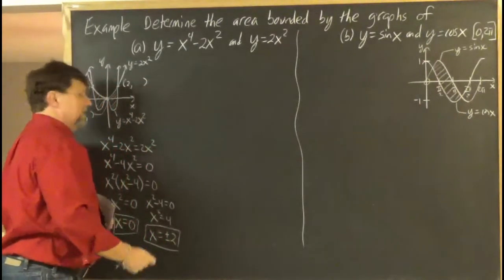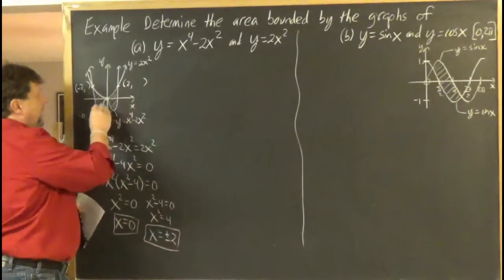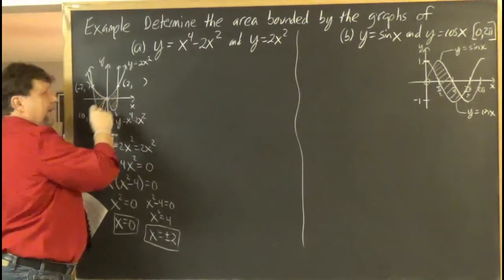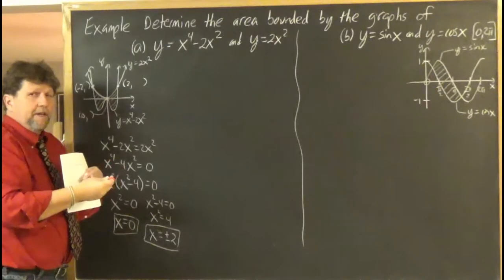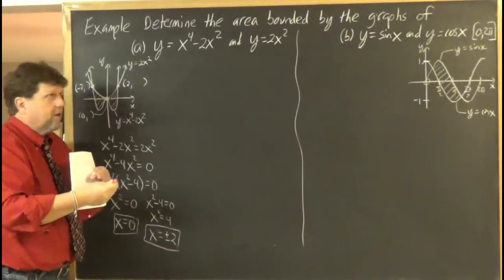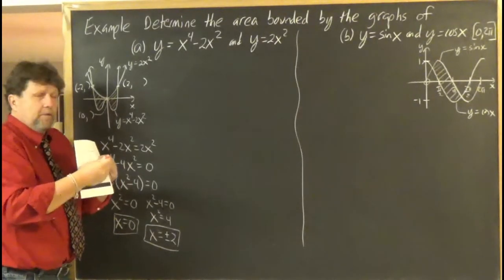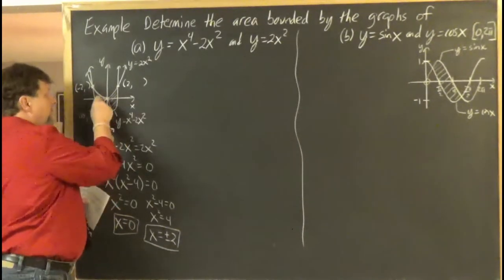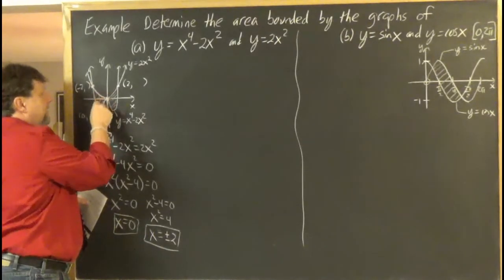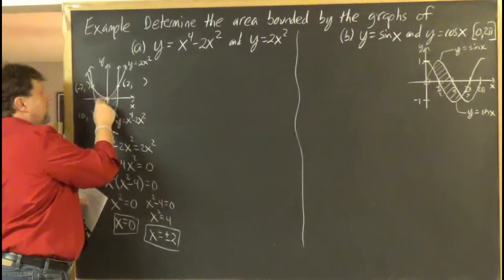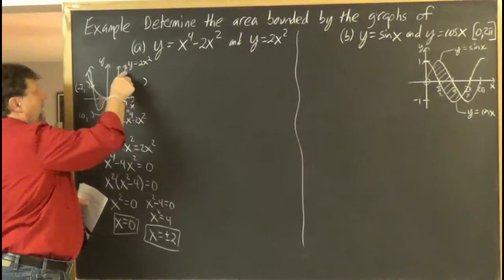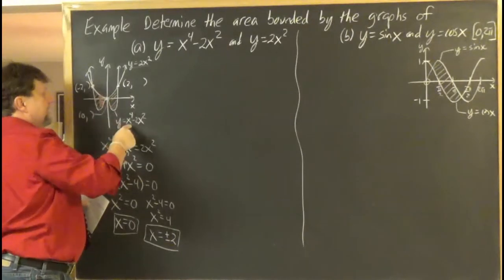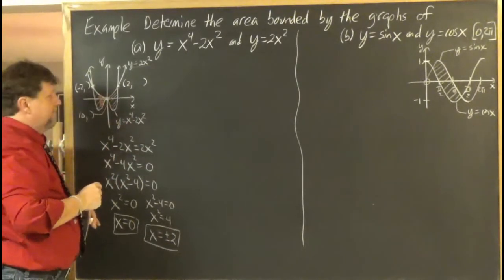Alright, so now notice this. There are two regions here. There's a region right here, and then there's a region right here. I need to find the area of both of those regions because those two regions together will be the region that's bounded by the two graphs. So no matter where I put a vertical rectangle in for this piece, 2x squared is the top curve and the bottom curve is x to the fourth minus 2x squared.